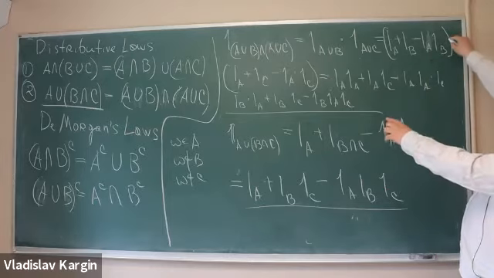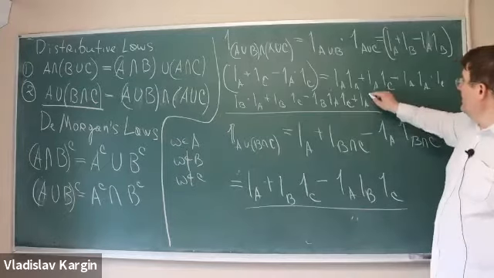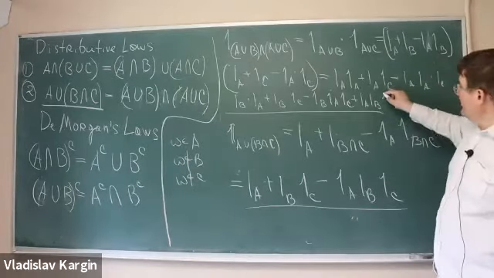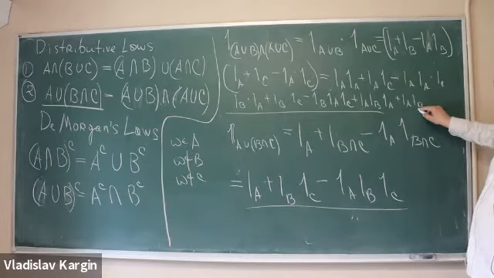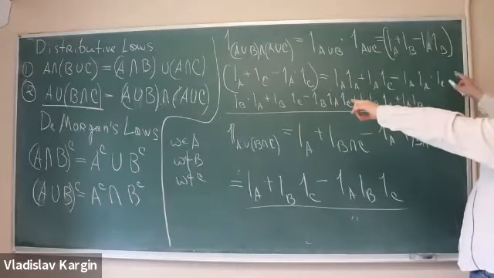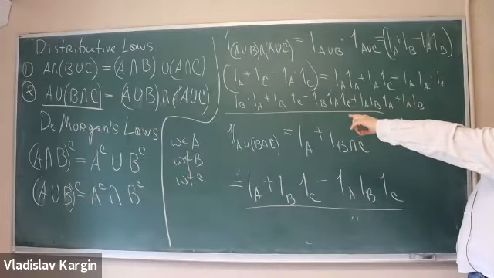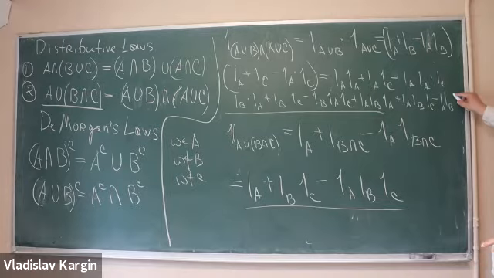And the last one is this thing: plus 1A 1B multiplied by 1A plus 1A 1B multiplied by 1C and minus 1A 1B multiplied by 1A by 1C.